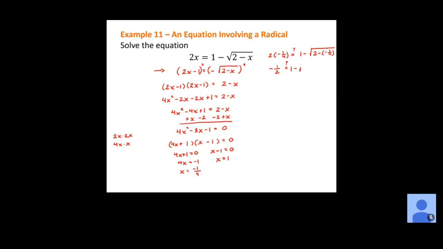On the other side now, if I simplify what's inside the square root, 2 minus a negative 1/4. Well, minus a negative becomes addition, right? So we know we're adding. So what's 2 plus 1/4 going to give us?